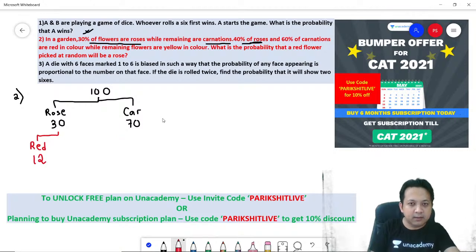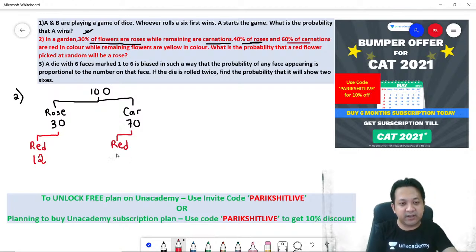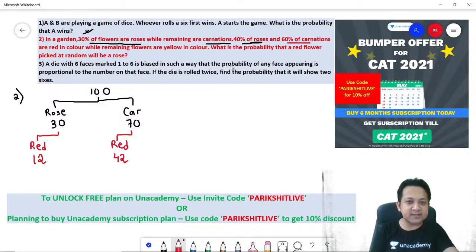And how many carnations are red in color? 60% of 70 is 42. Correct?